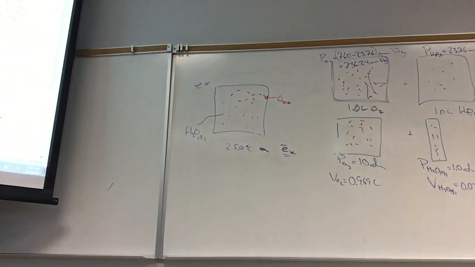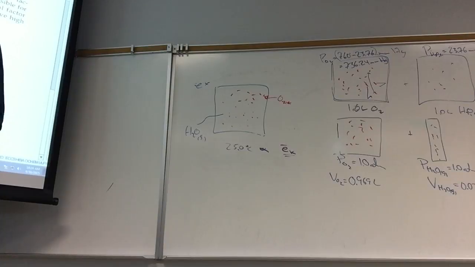The average kinetic energy, it's an average because not all these molecules are moving at the same speed. You just have an average. And it turns out that some of the molecules are moving slow, some are moving fast. We just look at the average. And so not all the oxygens are exactly the same.